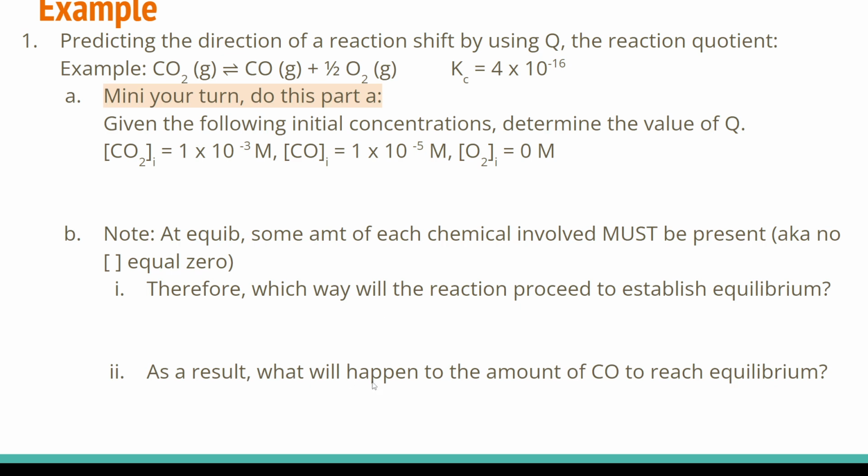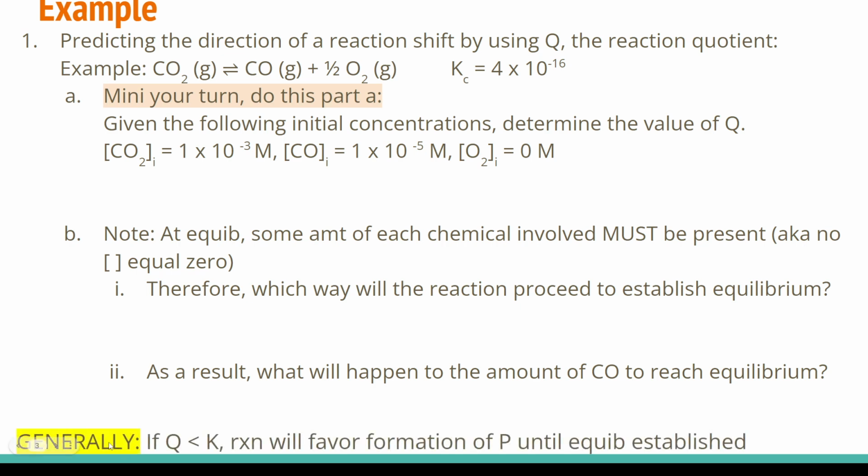And so what's going to happen to CO here to reach equilibrium based off of this whole thing? The concentration of CO is going to increase, because I'm increasing the forward rate in order to make both things, because I can't just make one of them in order to go forward. I have to make both simultaneously.